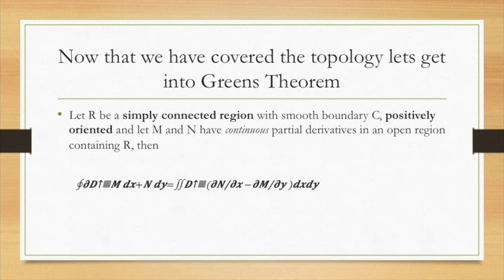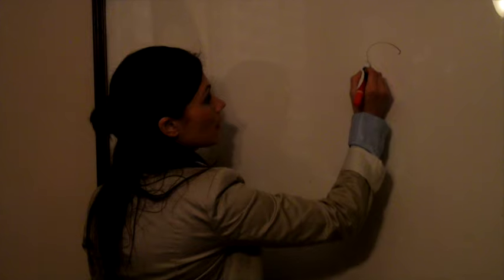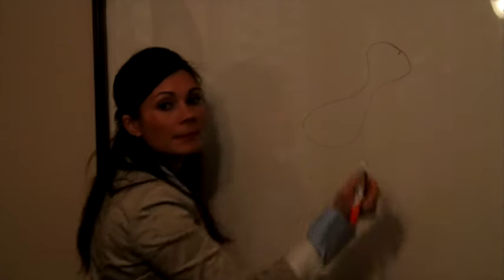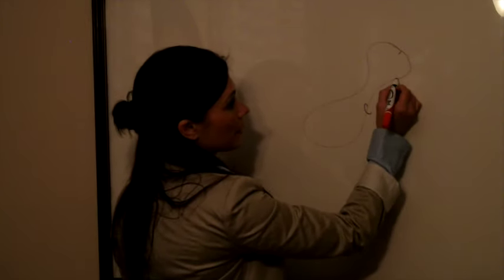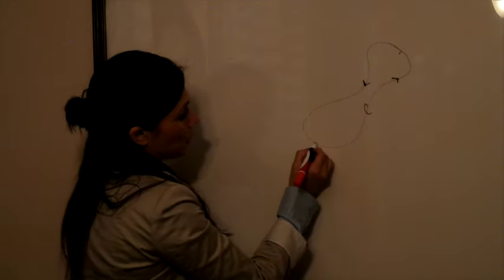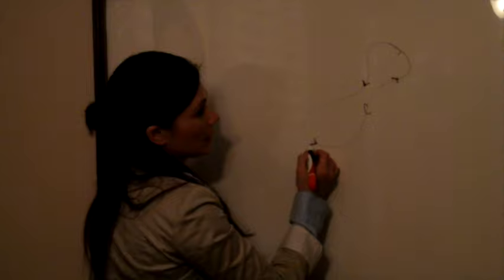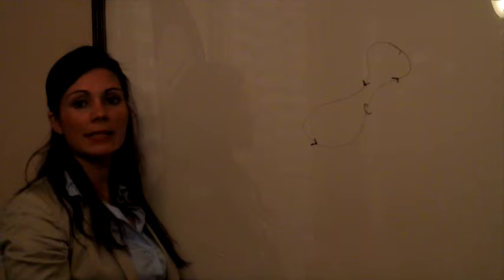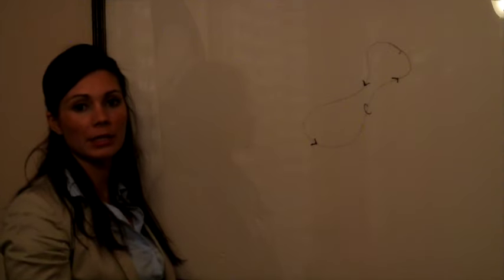Now that we have covered the topology, let's get into Green's theorem. Let R be a simply connected region with a smooth boundary C, positively oriented. Therefore, when we sketch, everything will be to the left as we go around our boundary C. And let M and N have continuous partial derivatives in an open region containing R. Now let's look at the function.